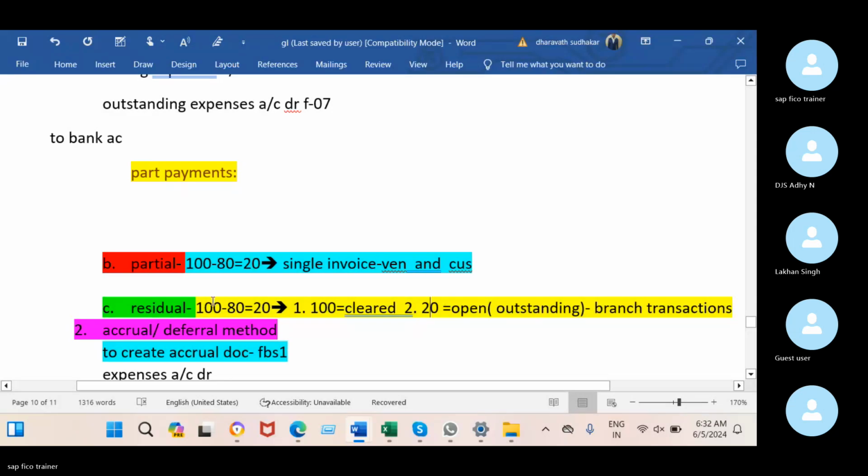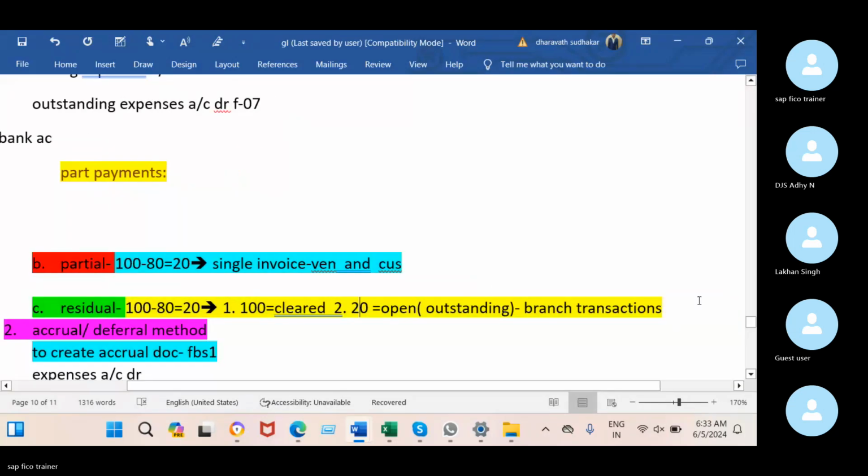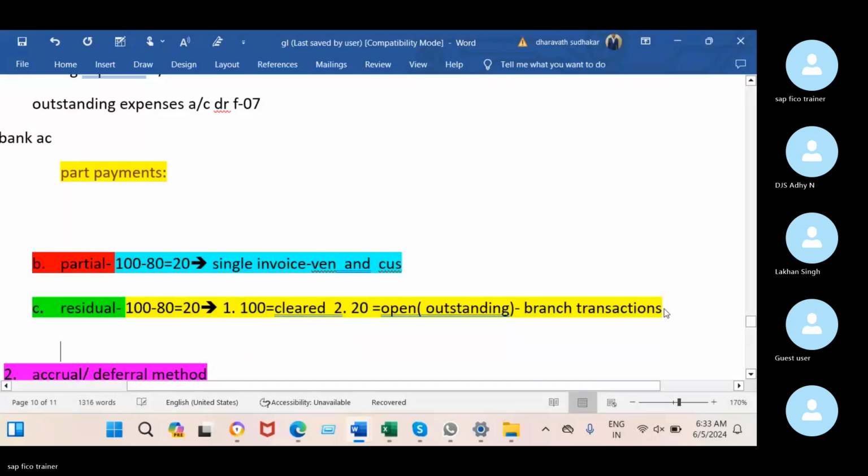The final impact will be the same, right? But for the outstanding balance, the system generates a new invoice. Here, actually you want to pay 100, but in your hand you only have 80.